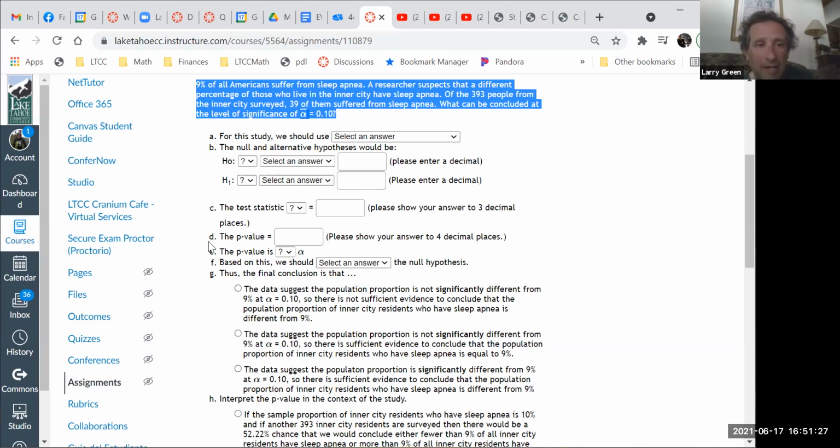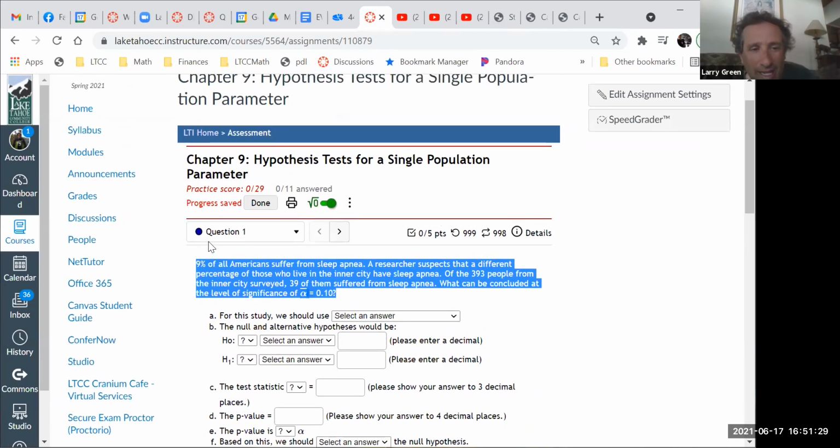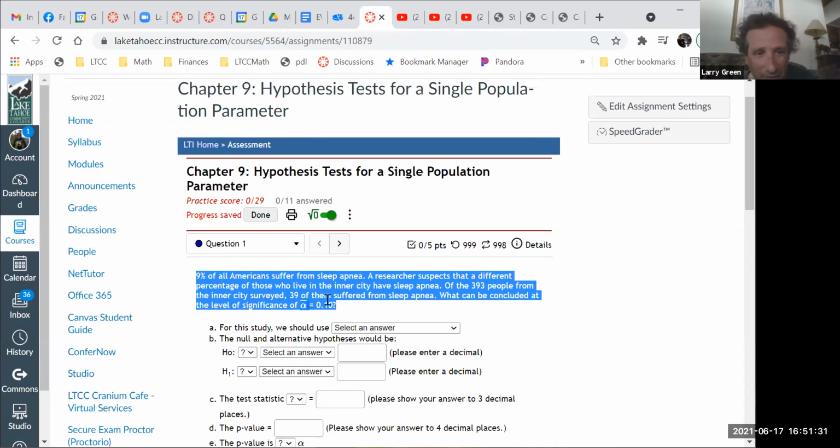So try not to look at anything, answer this question, and see if you can answer it without reading all the rest of it. Then you can go try it and see if you get it right. So that's my recommendation on working out more problems from these. And also, because I wrote a lot of these, they're similar to what you'll get.